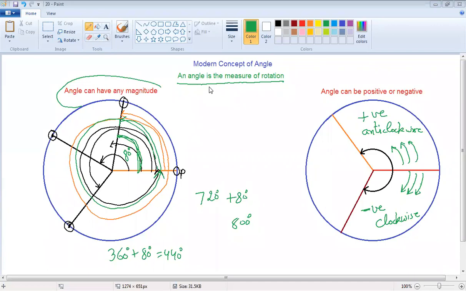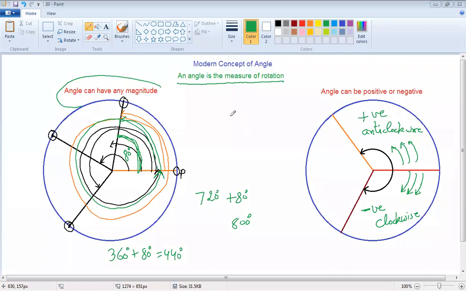When there is no rotation, the angle is zero. In the beginning of the rotation, when the object is yet to start rotating, then the angle is zero.